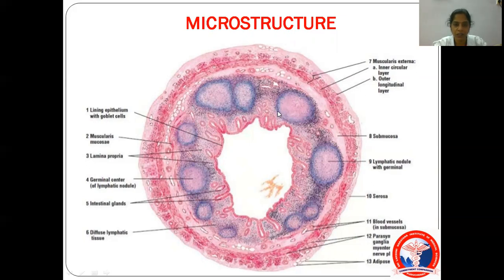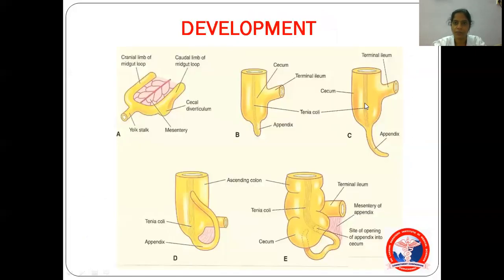In the mucosa and submucosa, you can see aggregations of lymphatic tissue, lymphocytes and lymph nodules. By seeing the lymph nodules, you can identify the appendix. So these are the 4 layers of the appendix.